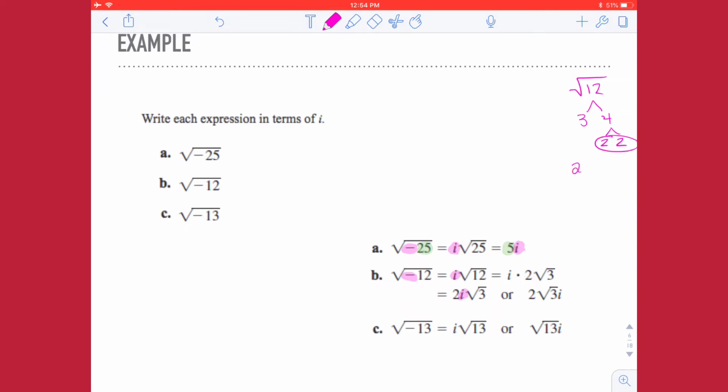I need a group of 2, and then I leave whatever is left over, and so that's how I end up with my respective 2 square roots of 3. And then square root of -13, unfortunately, 13 itself doesn't break down, so my final answer still has the square root of 13, but I am able to break down the negative and take out the i to the outside.